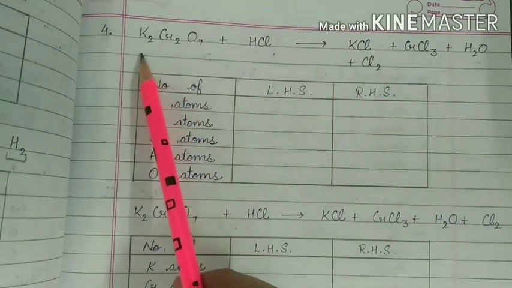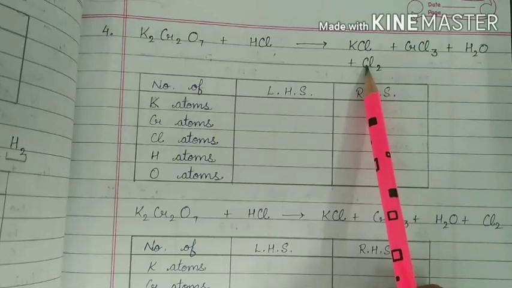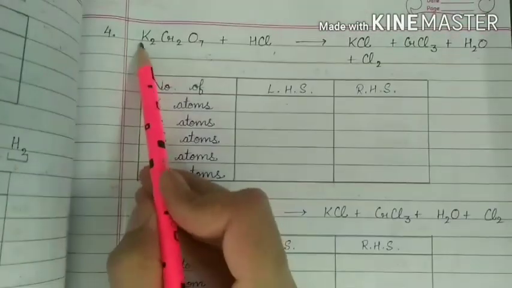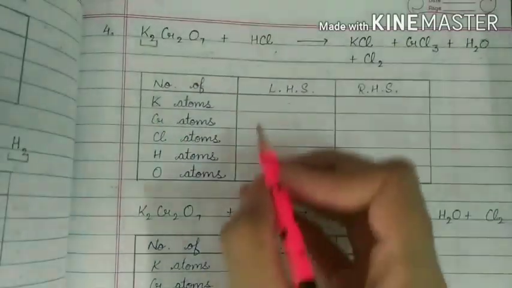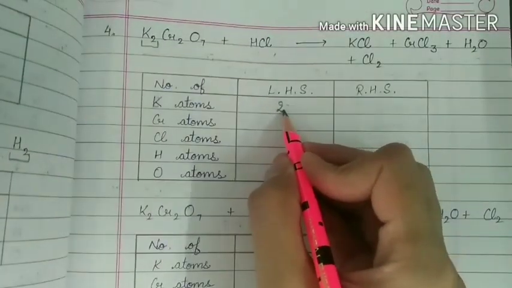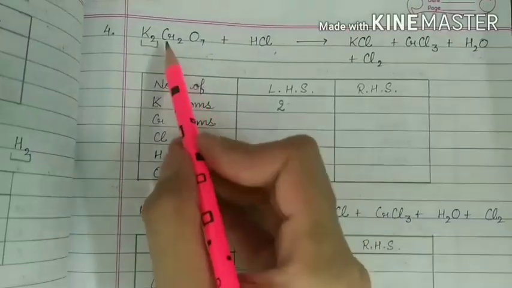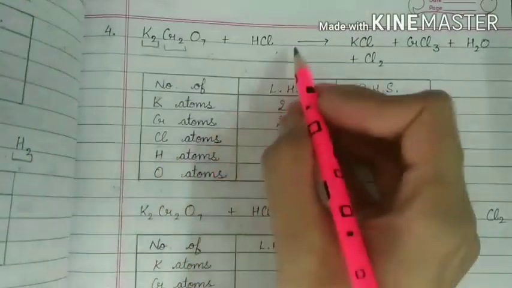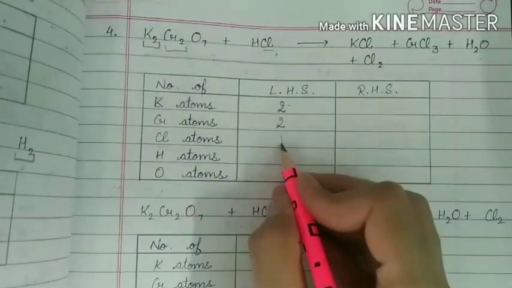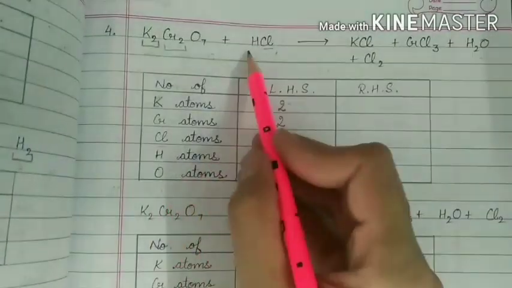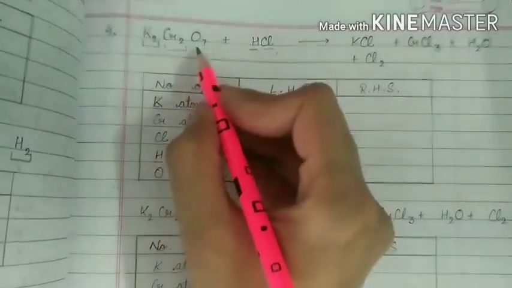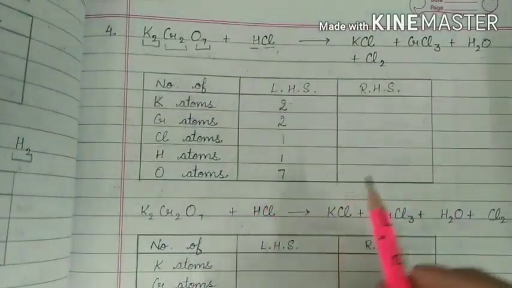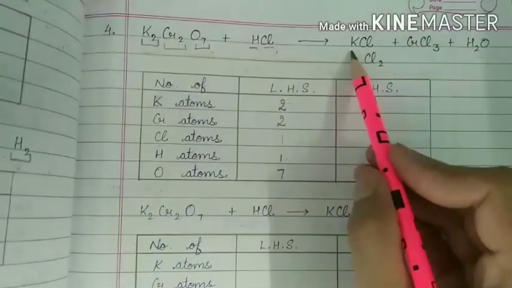So let's count the number of atoms of each element on both sides. On the left-hand side we have 2 potassium atoms, so we'll write 2 here. Then chromium, we have 2 atoms. Chlorine, we have 1 atom on the left-hand side. Hydrogen also 1, and oxygen 7 atoms are there. Then on the right-hand side, how many potassium atoms are there?